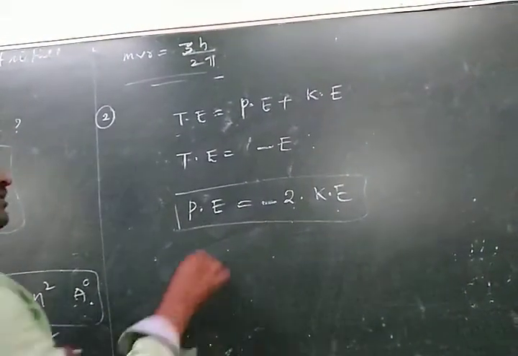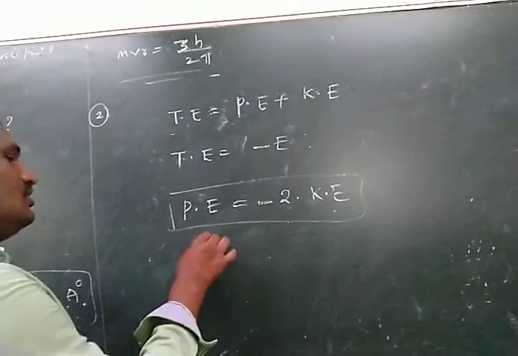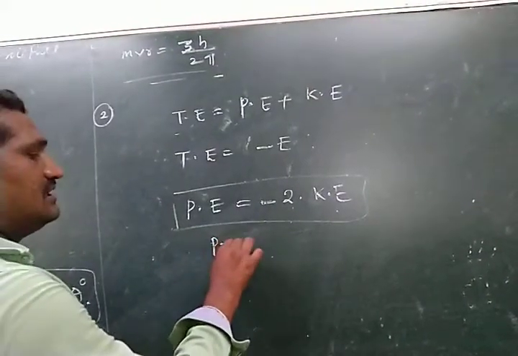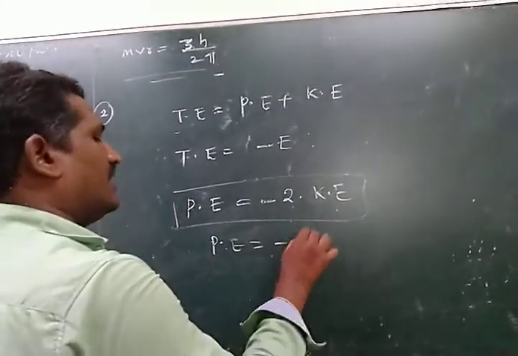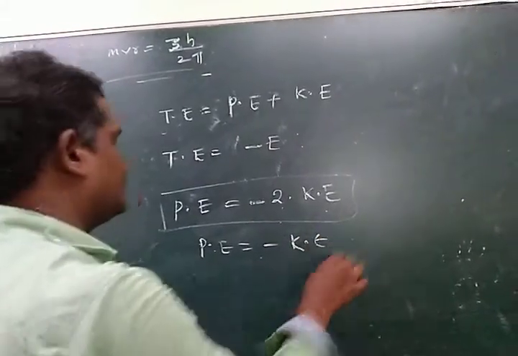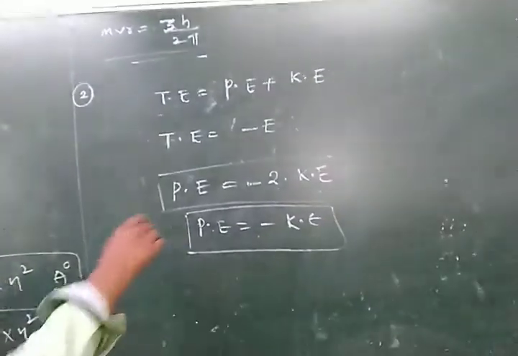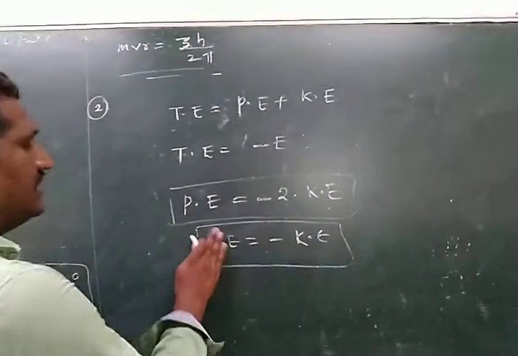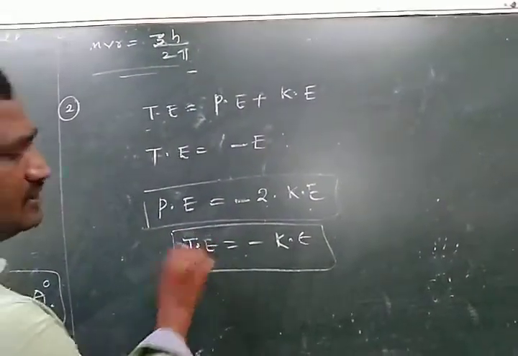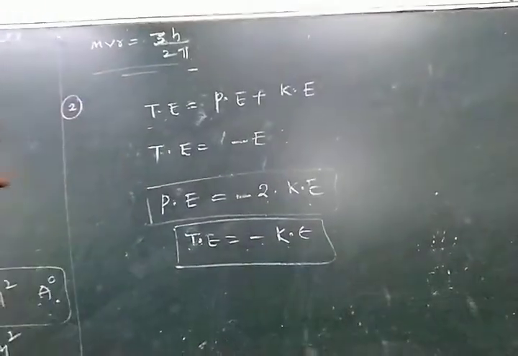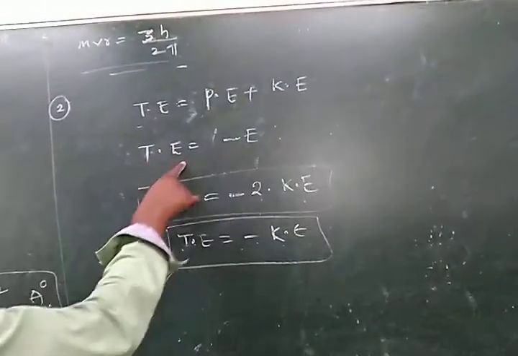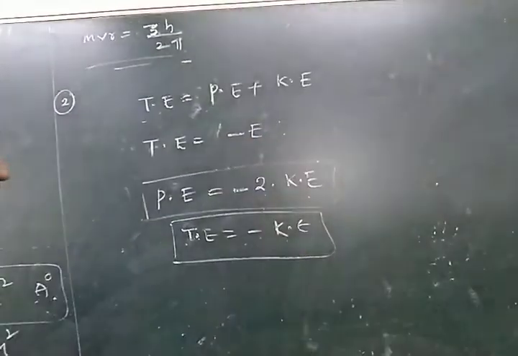And the second formula: total energy is equal to minus kinetic energy. So they have given total energy minus E.